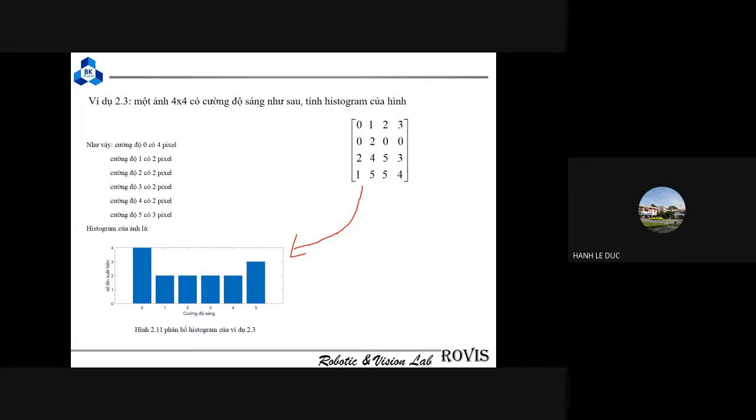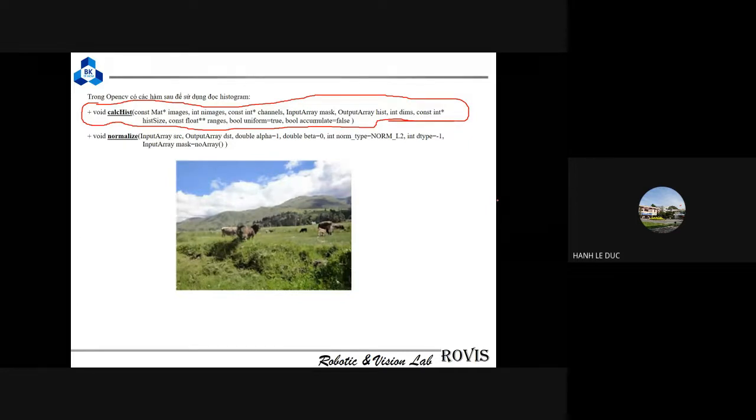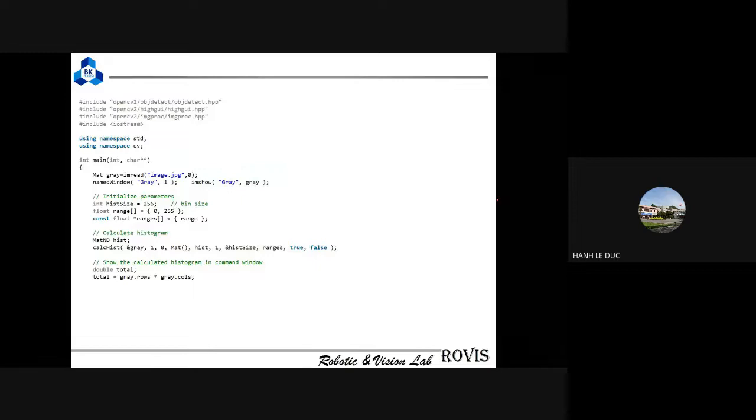In the OpenCV library, they have the function called calculate histogram, and inside they have many parameters for you to input. So let's have a look at the example here.